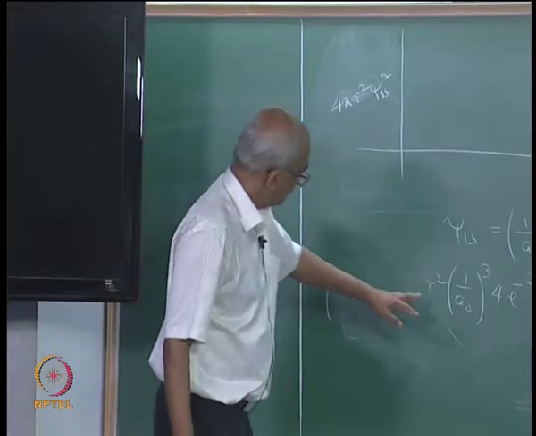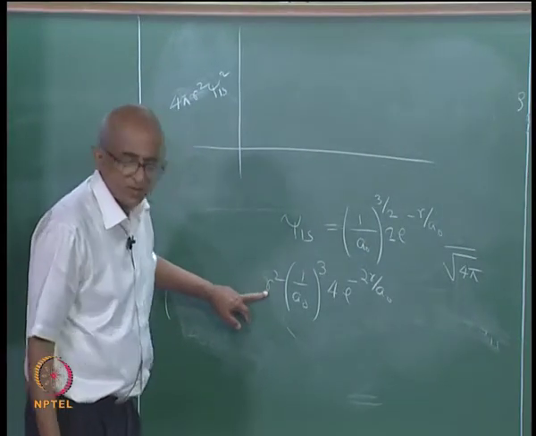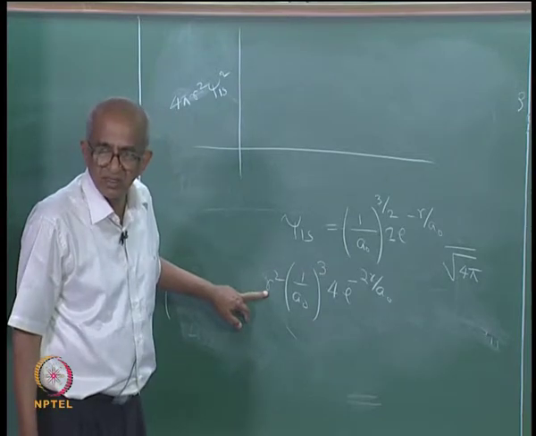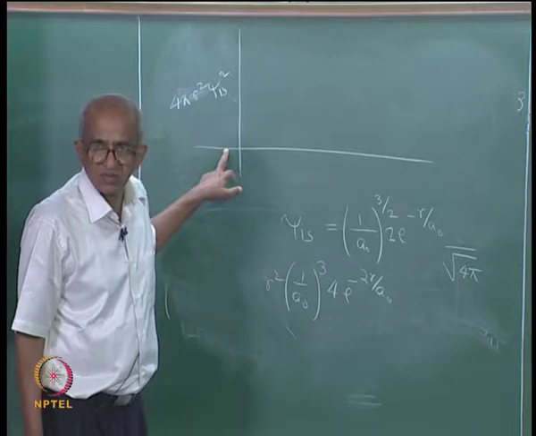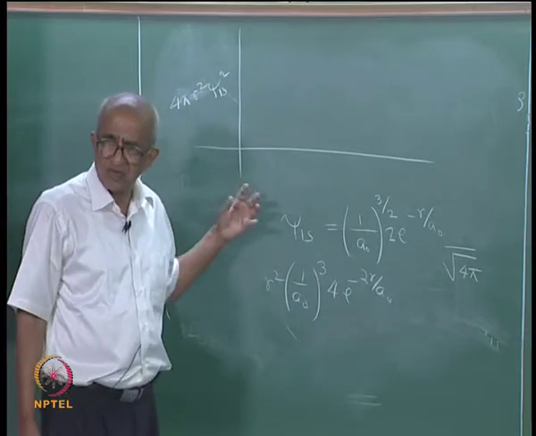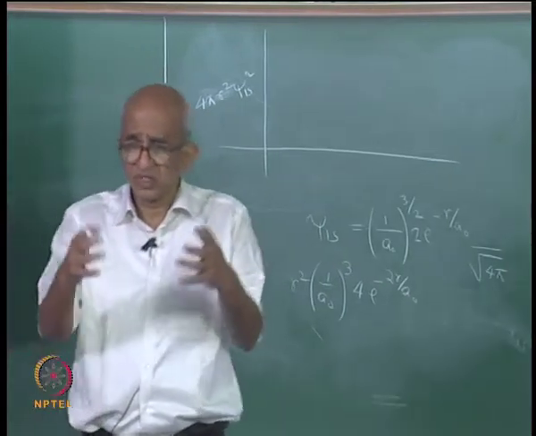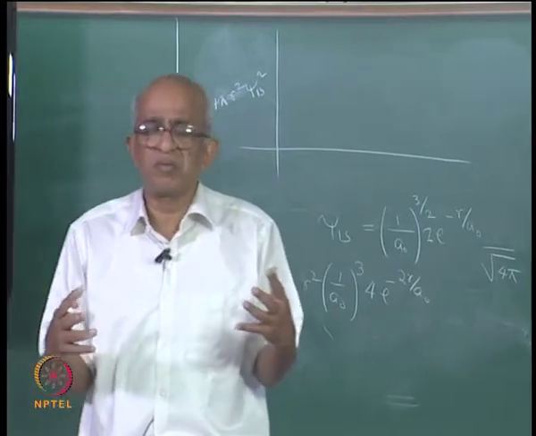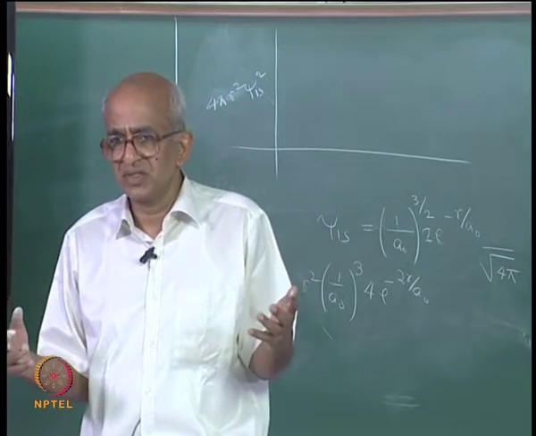So, if you look at this function, you will realize at small distances from the nucleus, r is small. So, what will happen? The function will have a value which is very small. Why is it so small? Well, you have to remember, suppose I asked you what is the most probable position for the electron, what would be the answer?